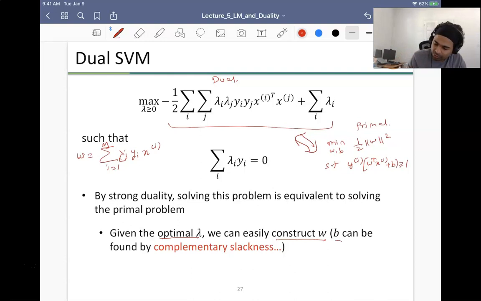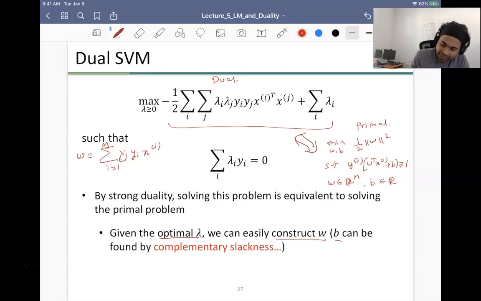By the way, one more important thing over here. W in the primal problem belongs to R raised to N. N is my feature dimension, that's the notation we have been using. Sometimes I've been using D, but we'll just use N right now. So N is my feature dimension and b is a real number.